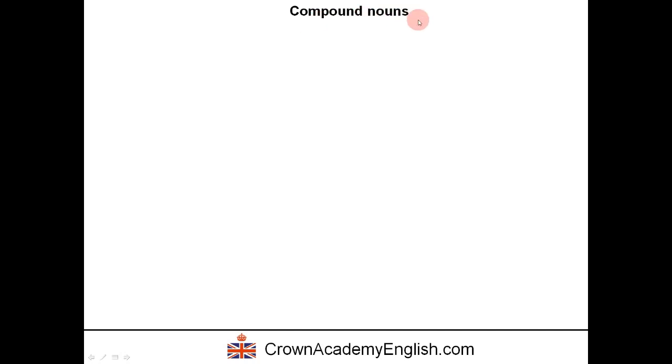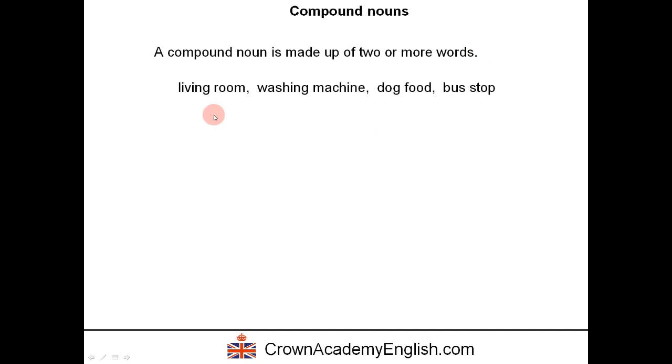Compound nouns. So a compound noun is made up of two or more words. So here are some examples. Living room. So here we have two words, but this is one compound noun. Washing machine.